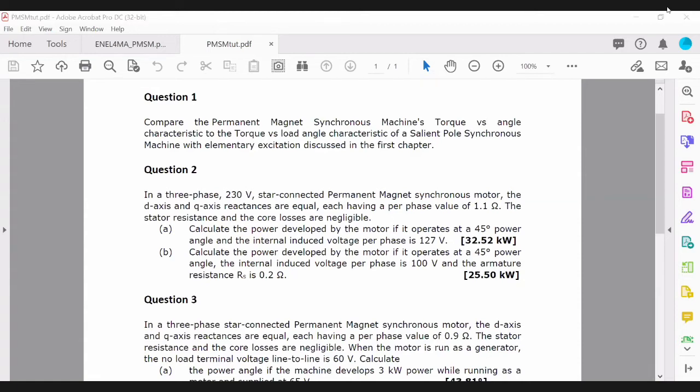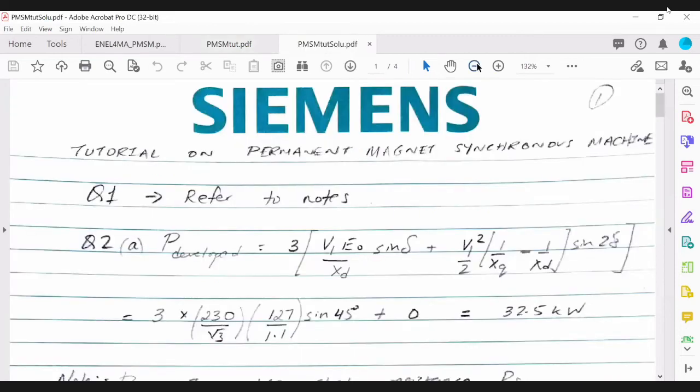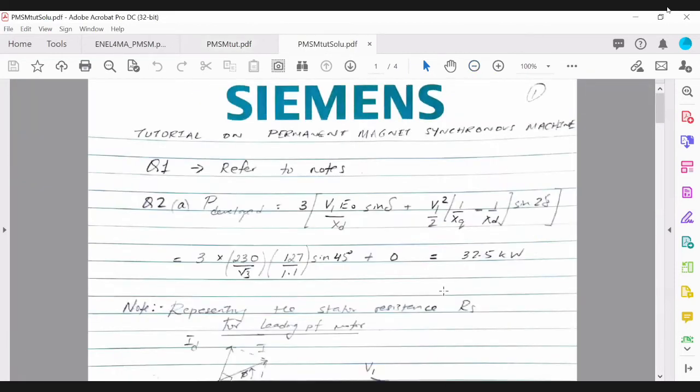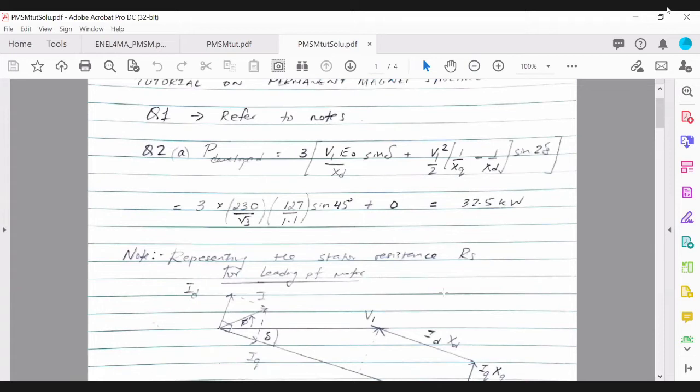Okay, so I'm just going to try and pull out the solution for this question 2. The power developed is given by this equation here, right? So you have your field excitation part and the salient effect of the machine.